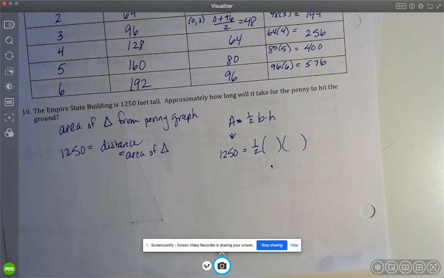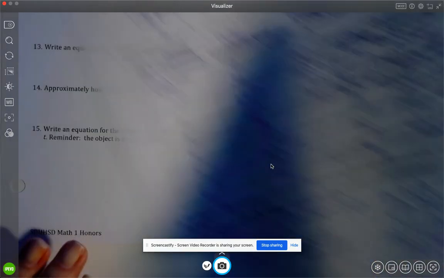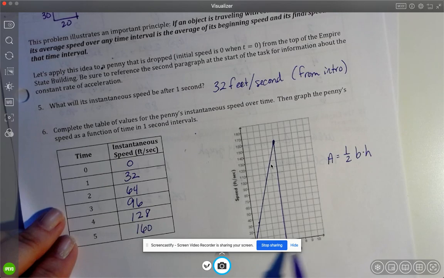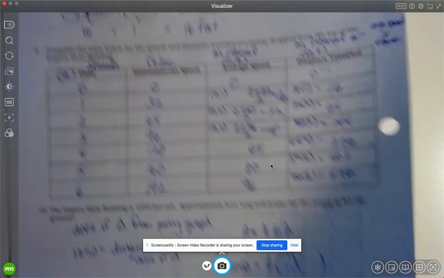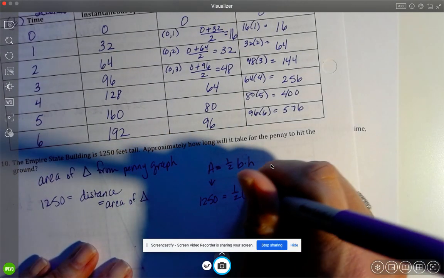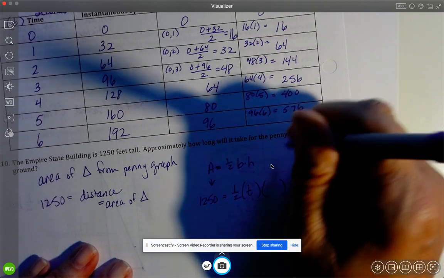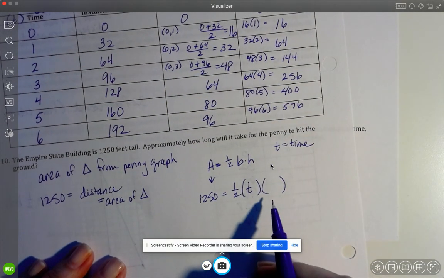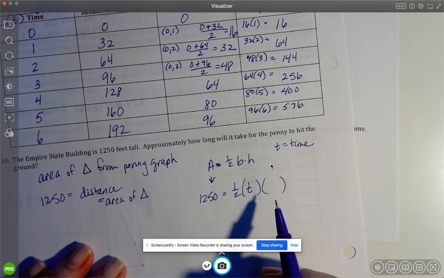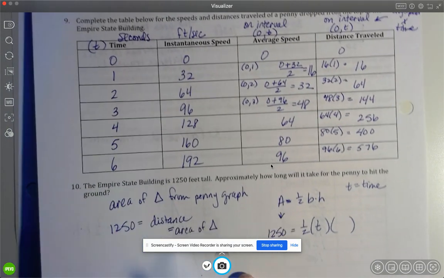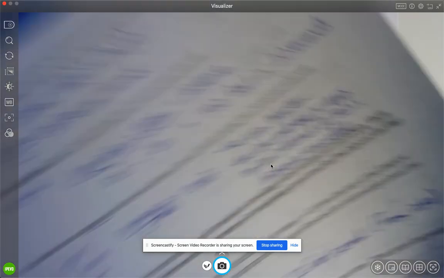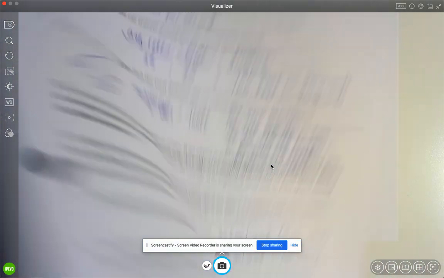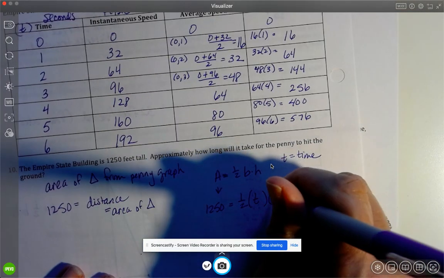No, but I do know that however long it took, it's time. So I'm just going to use t for my base. T is time. And then I know that the height is 32t, because I know that that's how fast it's traveling. So 32t.